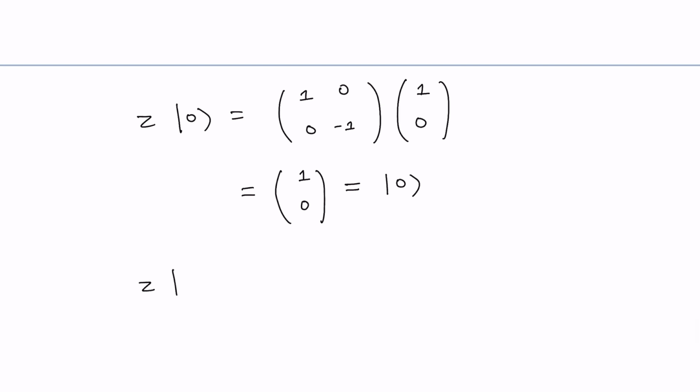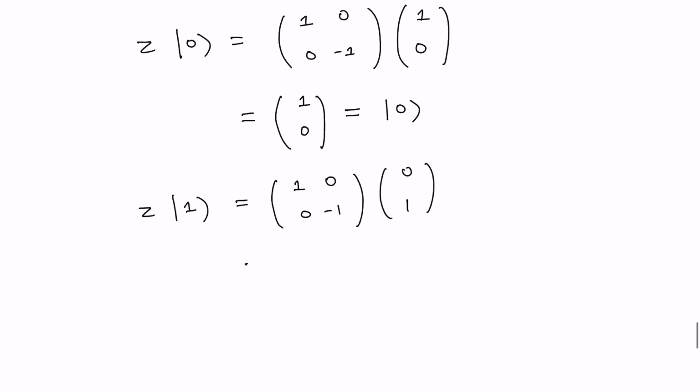When it operates on |1⟩, [1 0; 0 -1] times [0; 1] gives [0; -1], so you get -|1⟩. That means there is just a phase change.